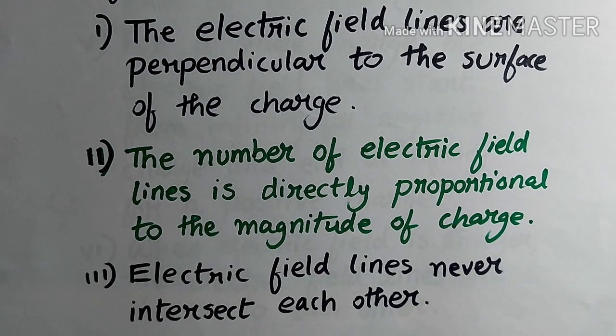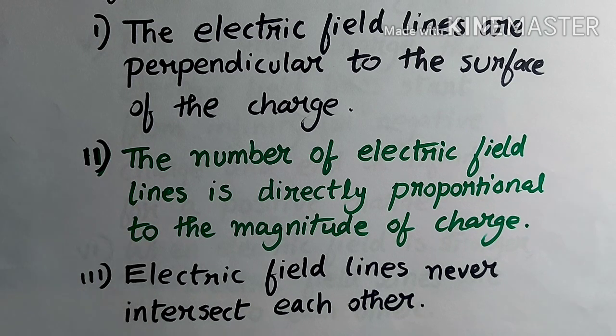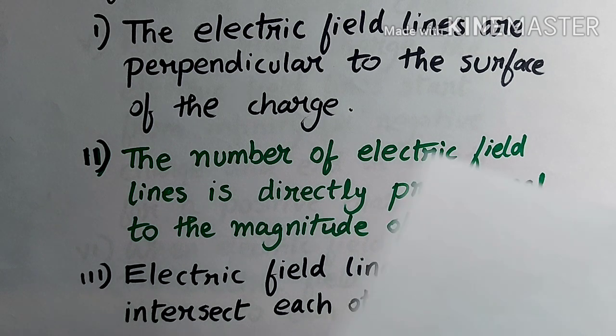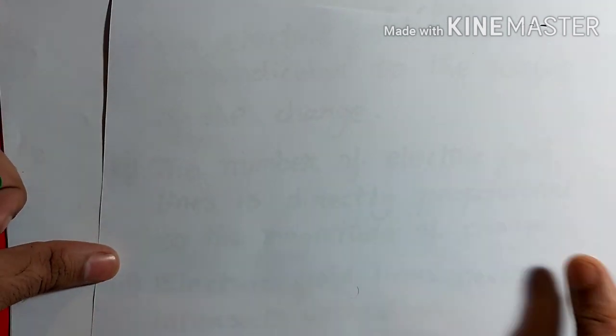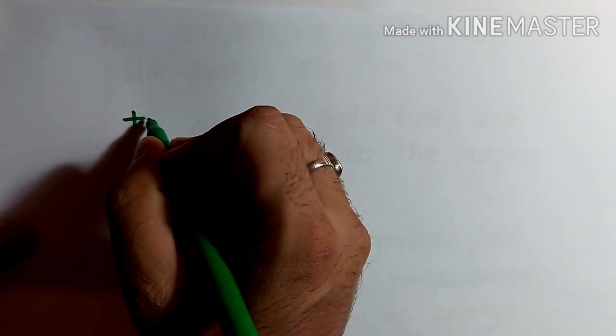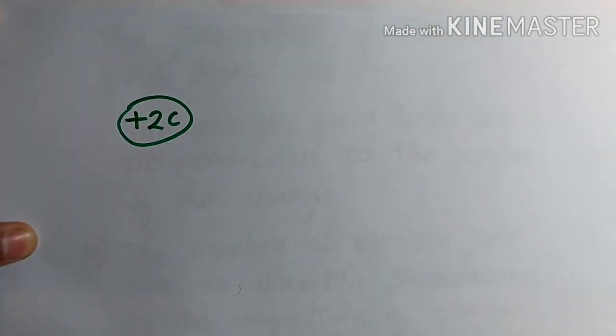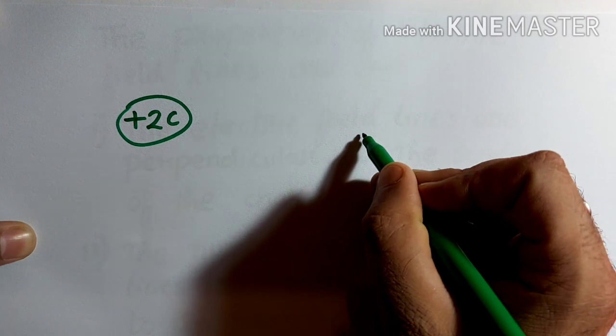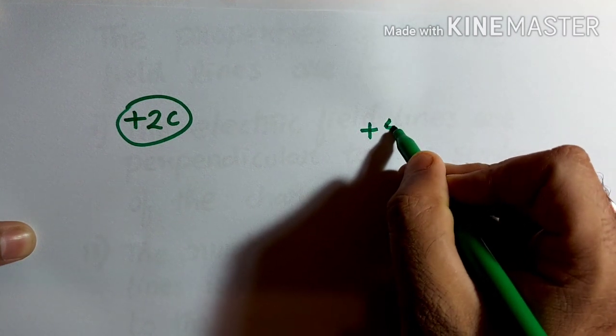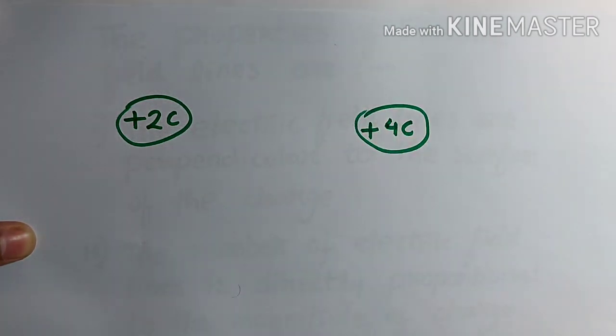Now, the second point: the number of electric field lines is directly proportional to the magnitude of charge. What does that mean? Suppose we have a plus 2 coulomb charge and a plus 4 coulomb charge.